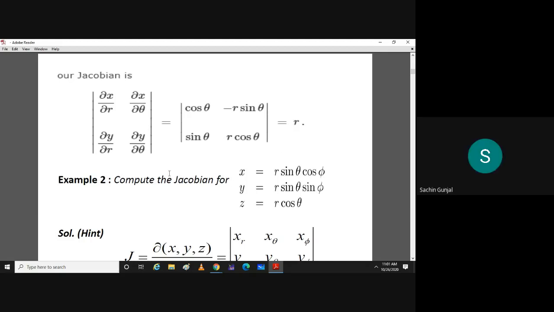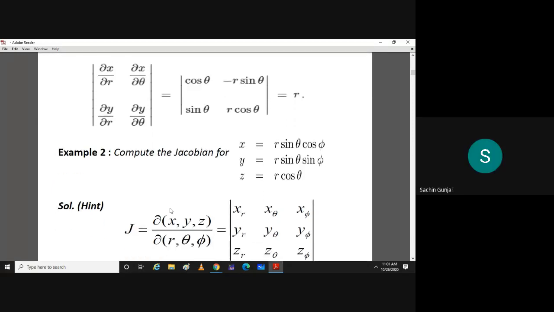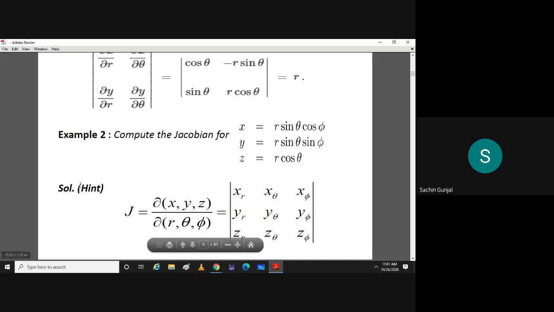Can you go to example 2? Now these are spherical polar coordinates.